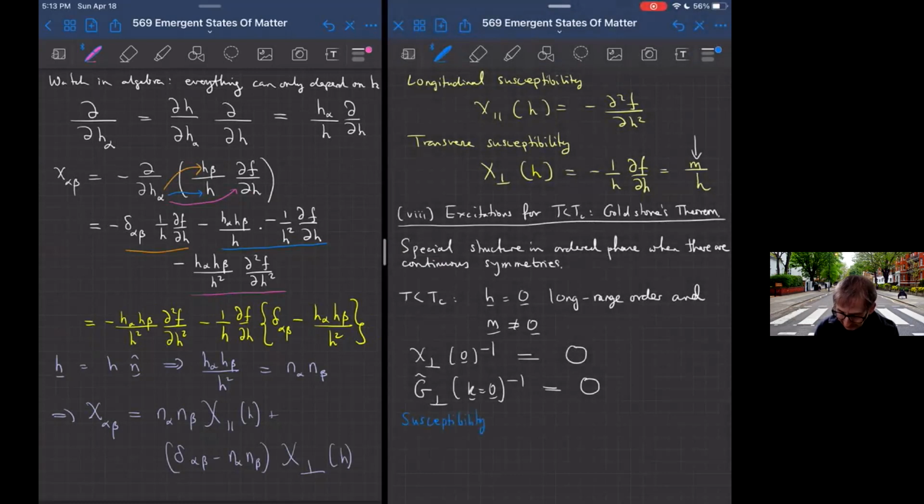So what that says is that the susceptibility in the transverse direction is infinite. So susceptibility to perturbations in the transverse direction is infinite.